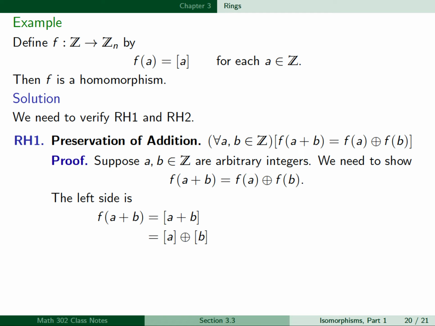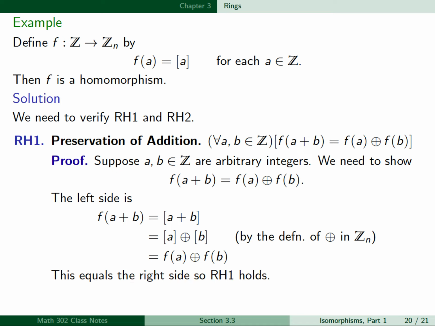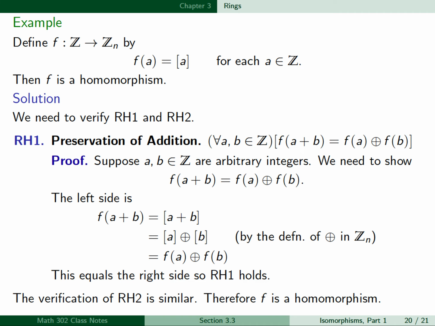And this is equal to the congruence class of a plus the congruence class of b. That's by the definition of addition in Z mod n. And this is by definition of the function f(a) circle plus f(b). So this equals the right side. We've shown the left side is equal to the right side, so Rh1 holds. Okay, the verification of Rh2 will be similar. Instead of addition, we just have multiplication, and therefore f is a homomorphism.